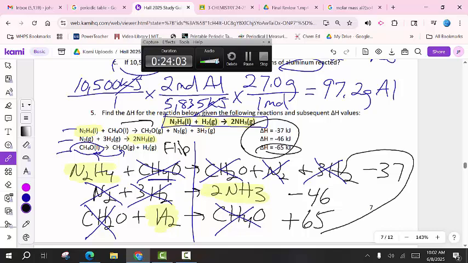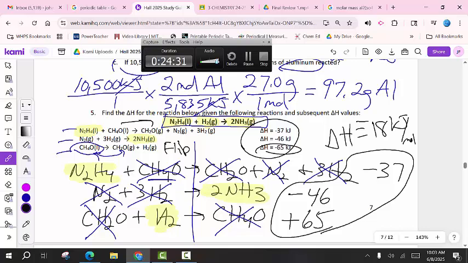And then all I have to do is take these numbers and add them together after I made that change to get the delta H for that overall reaction. So negative 37 plus negative 46 plus positive 65 gives me negative 18. So my delta H would be negative 18 kilojoules per mole.